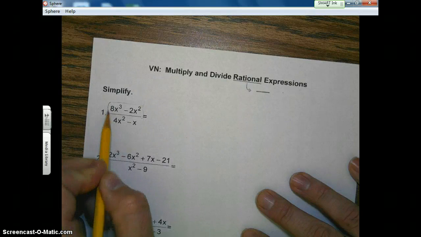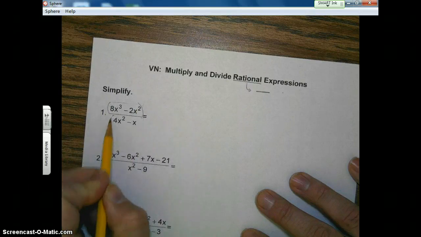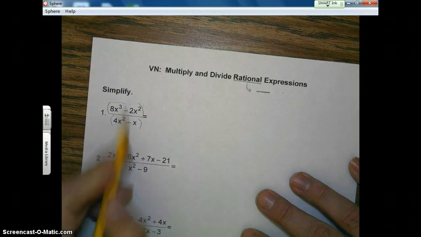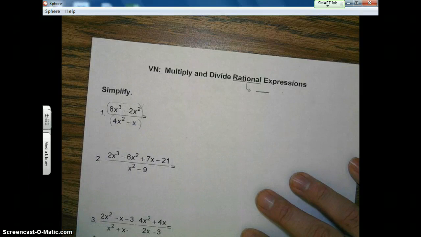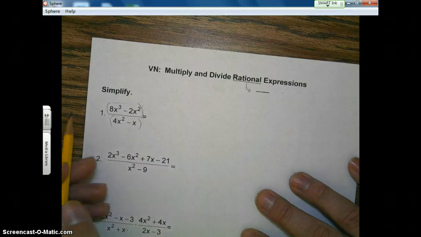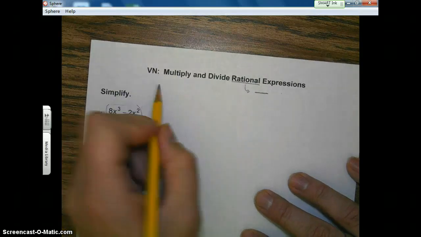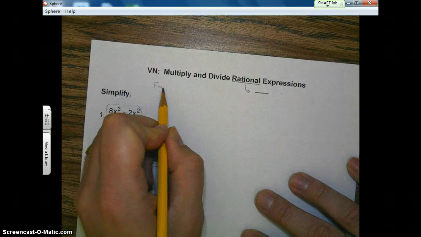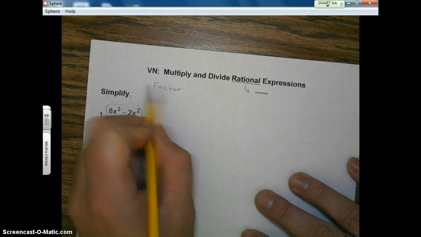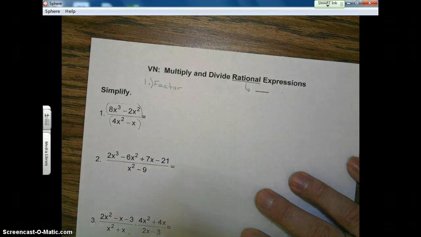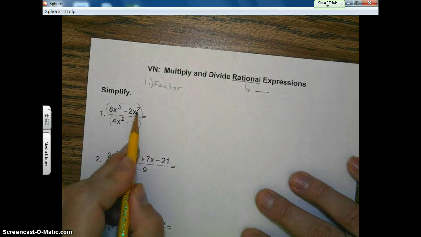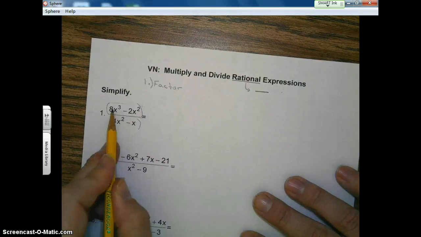This is a group, this is a group, and they are not the same. So we cannot cancel them. So what we want to do is factor. That's the first thing we want to do. So let's start off by factoring this top group.